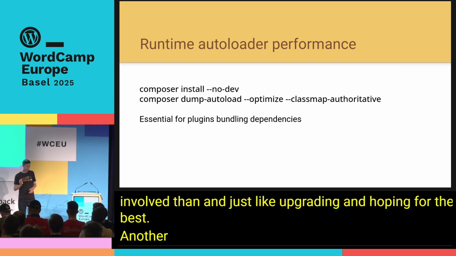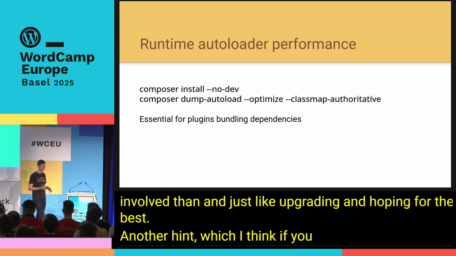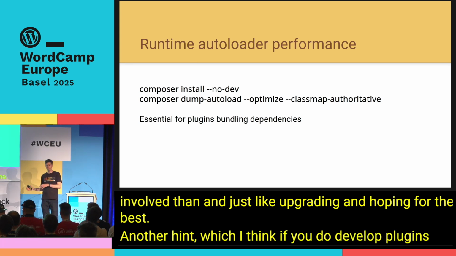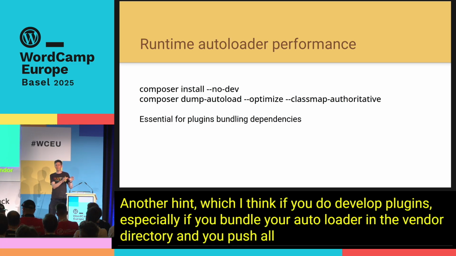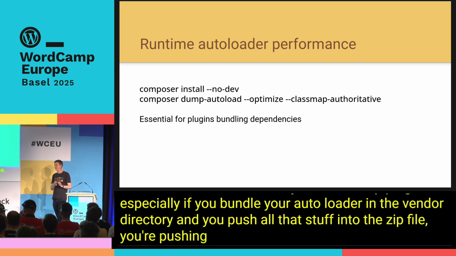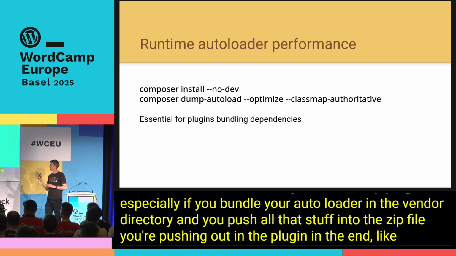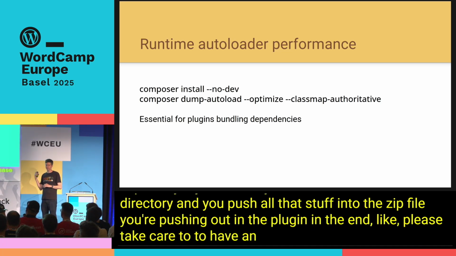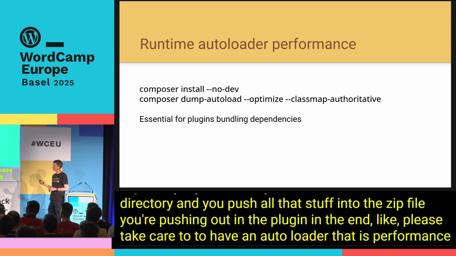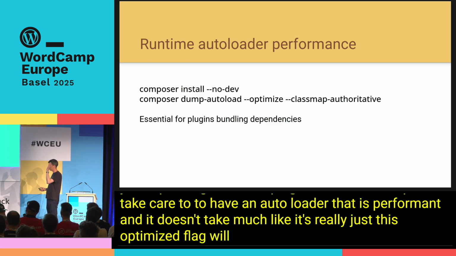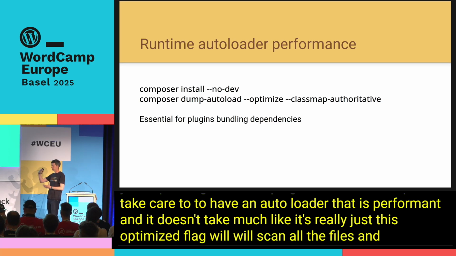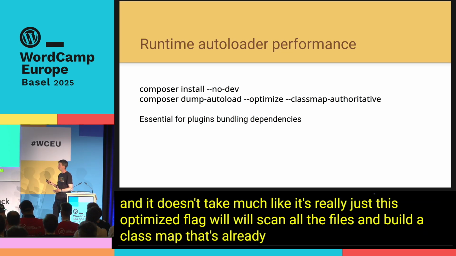Another hint, which I think matters if you develop plugins, especially if you bundle your autoloader in the vendor directory and push all that stuff into the zip file you're shipping as the plugin in the end: please take care to have an autoloader that is performant. And it doesn't take much. It's really just this optimized flag, which will scan all the files and build a class map, and that's already fast.